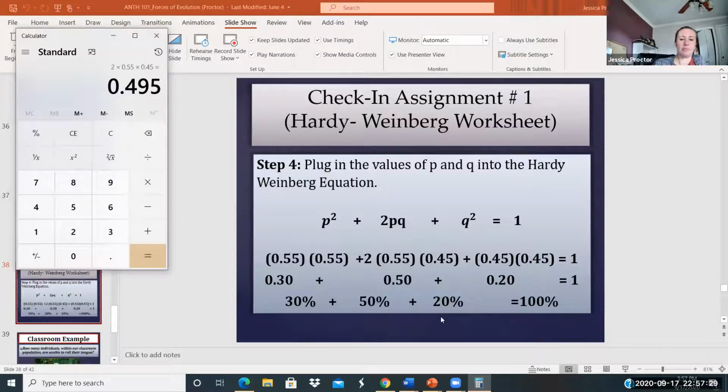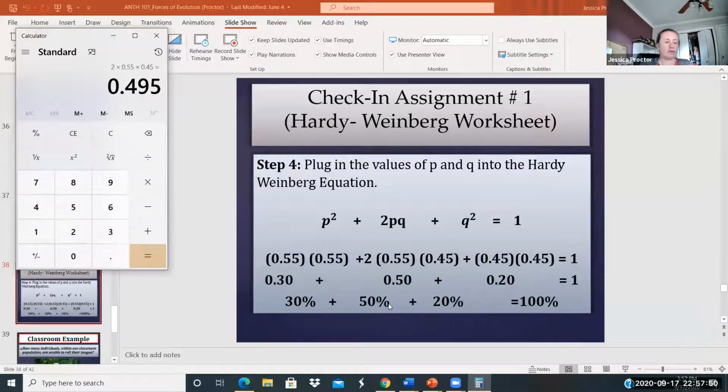So this becomes 0.50. Remember that number, that frequency: the 0.5 is representing the 2PQ portion of the population, which is the heterozygous genotype. In this case, we're talking earlobes, so one big E, one little e.